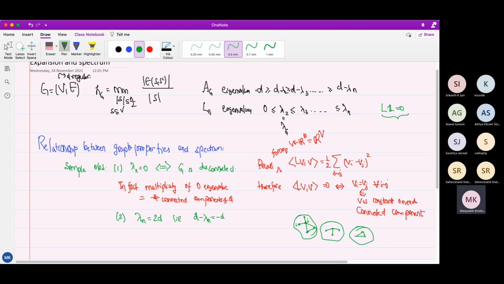In terms of A, the largest one is d and the smallest one is minus d. Lambda n is always less than or equal to 2d, by the way. So all the eigenvalues are in minus d to d, with equality if and only if the graph is bipartite.